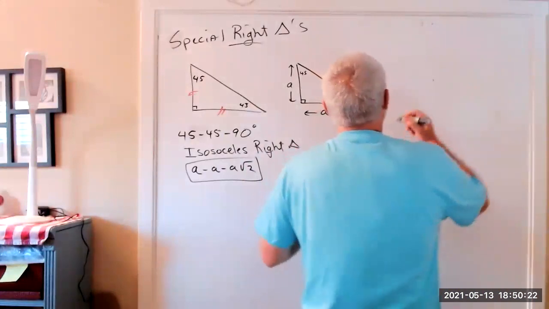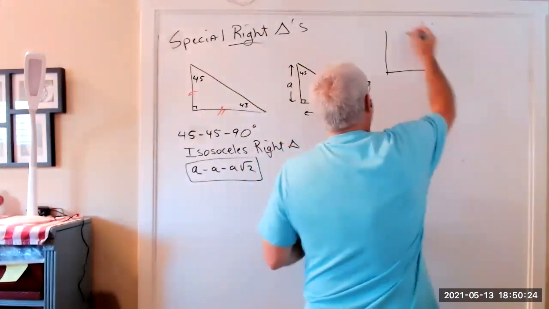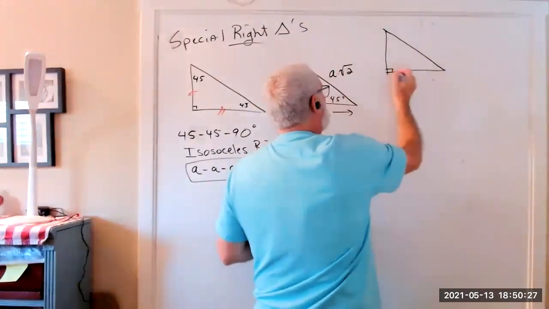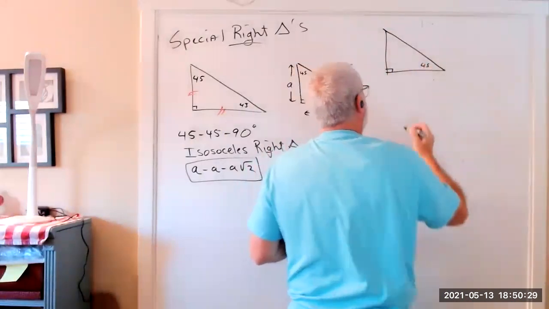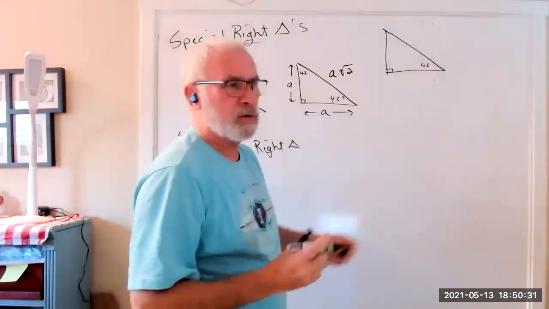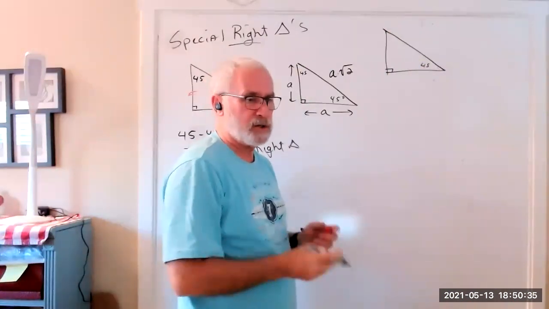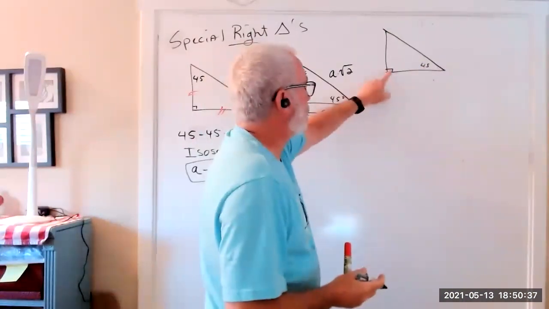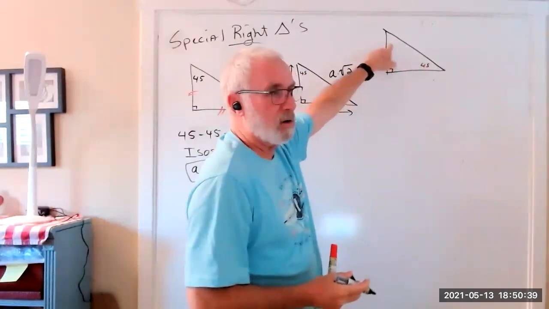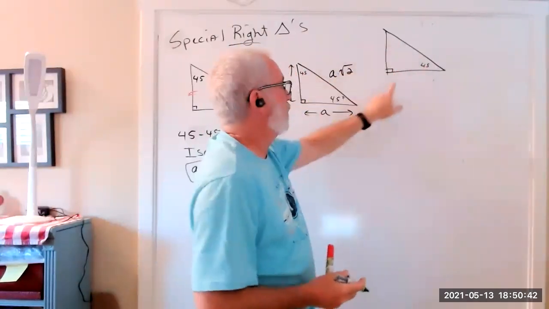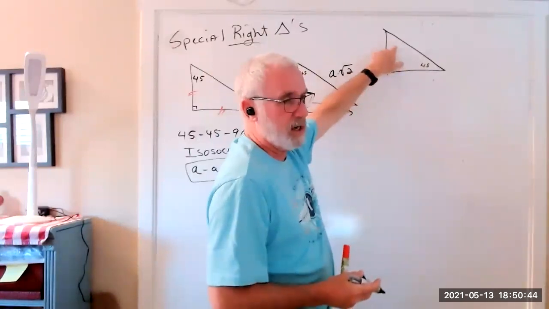Well, what if I gave you an isosceles right triangle? Okay. By the way, do you guys know that the three angles of a triangle always must add up to 180 degrees? This angle, and this angle, and any triangle you make, the three angles have to add up to 180.